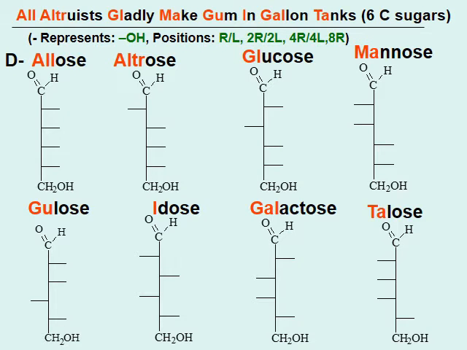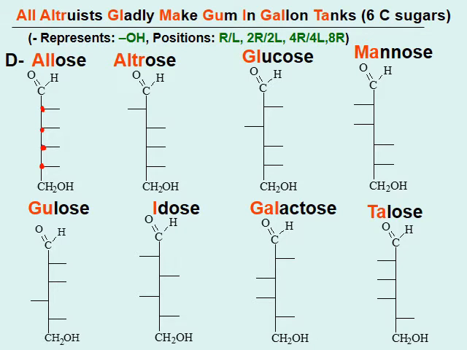Now we are going to show you carbohydrates with four chirality centers. So let me identify those four in one of these molecules. This is the bottom one, 2, 3, 4. These are all carbon.